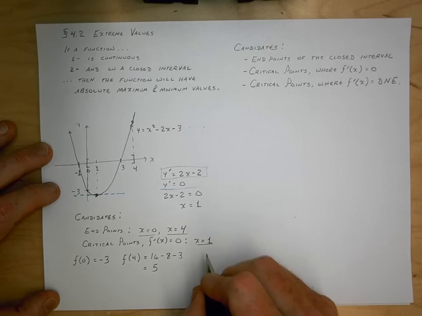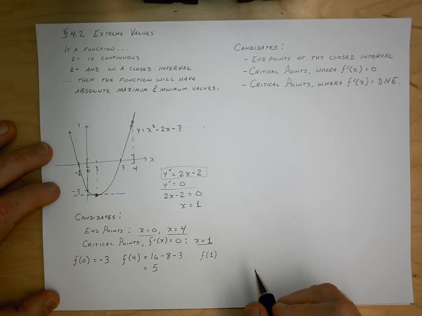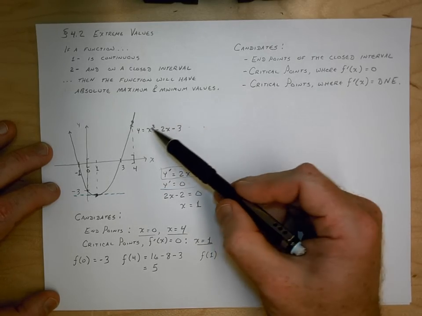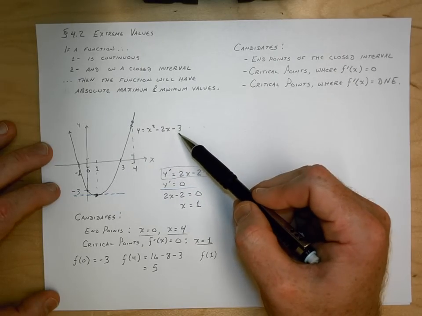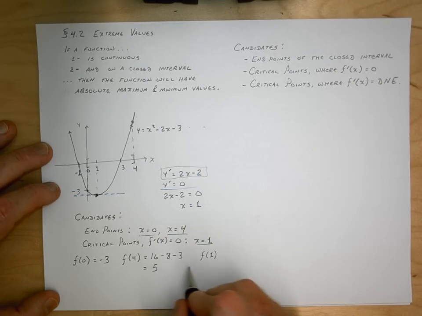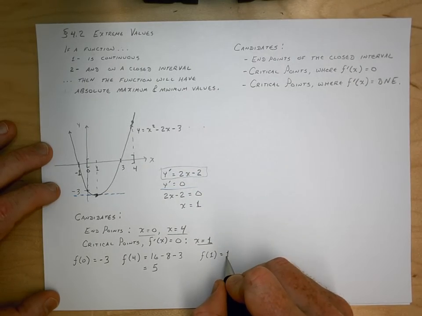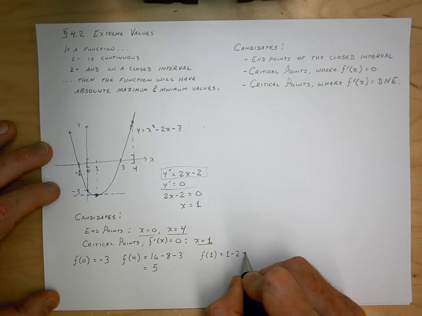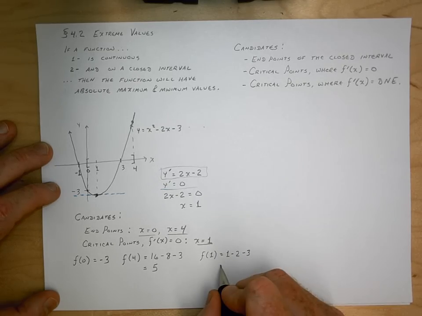And lastly, if I do f of 1, if I plug a 1 into this equation, I get 1 squared minus 2 times 1 minus 3. It looks like I get negative 4.